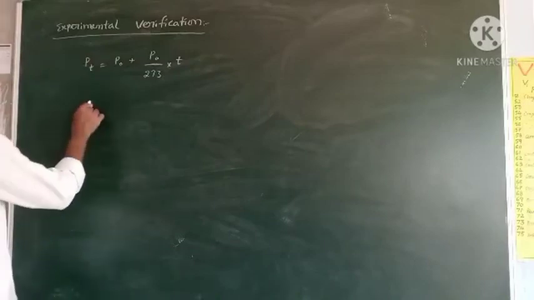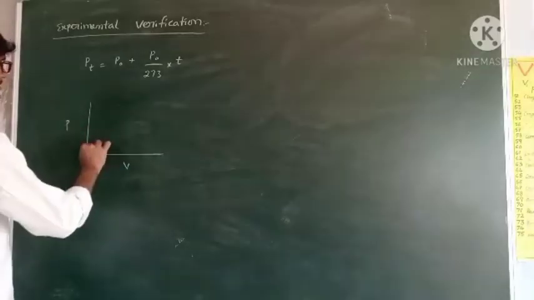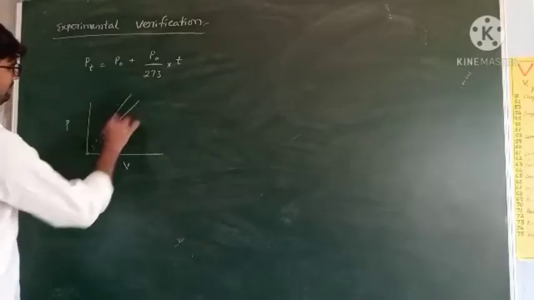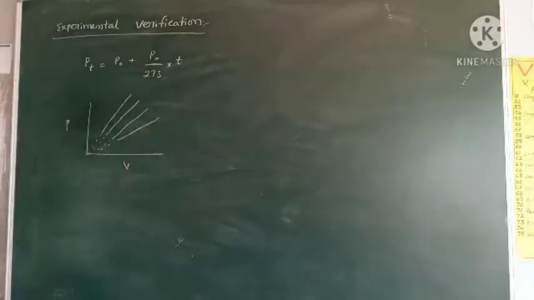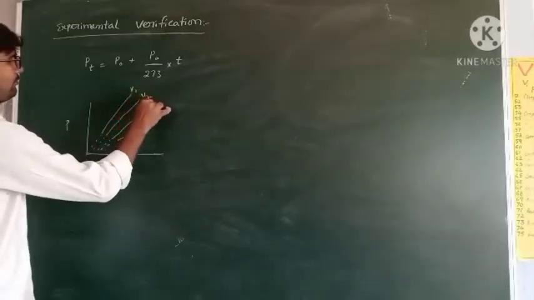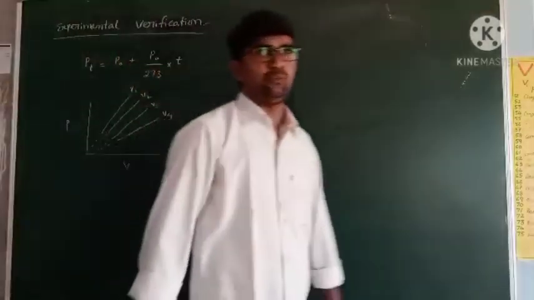So for this one, very easy. For pressure and volume, if temperature is changed, this is about the graph. Okay, this is V1, V2, V3, V4. This is Charles law 2.